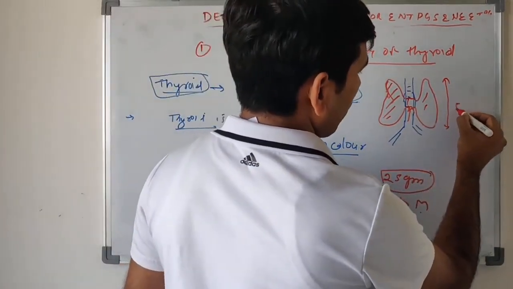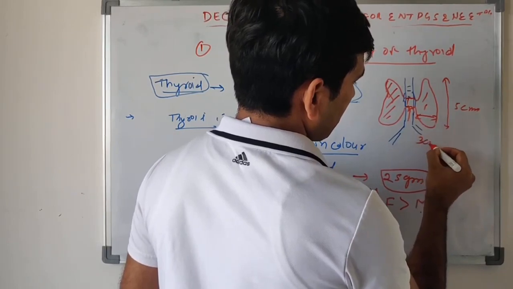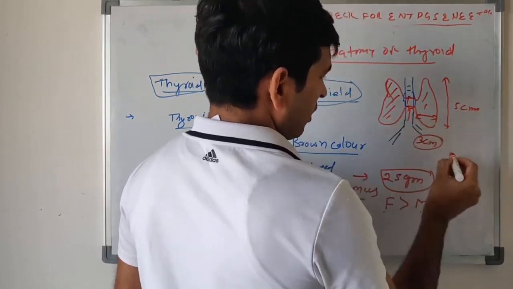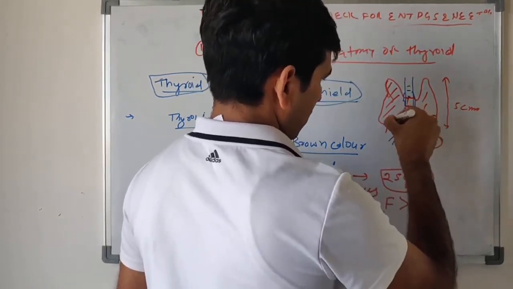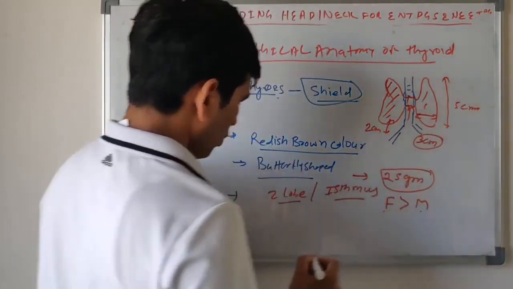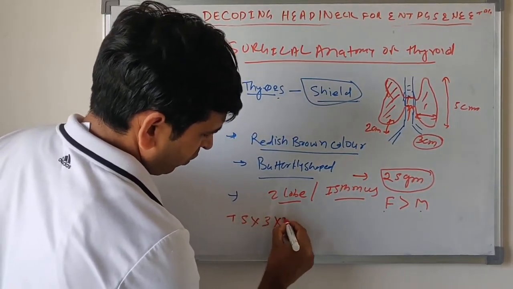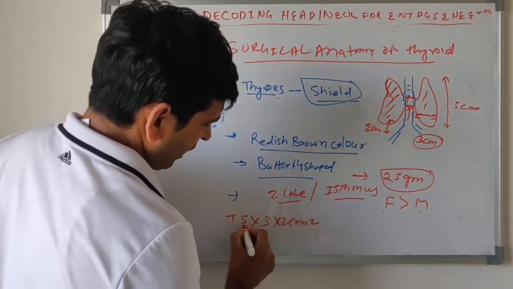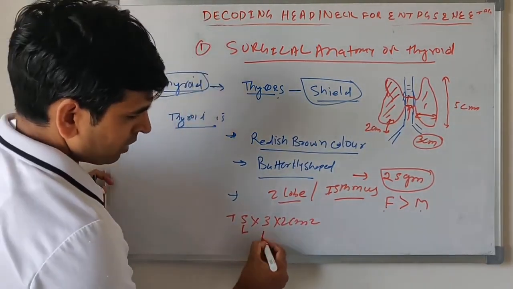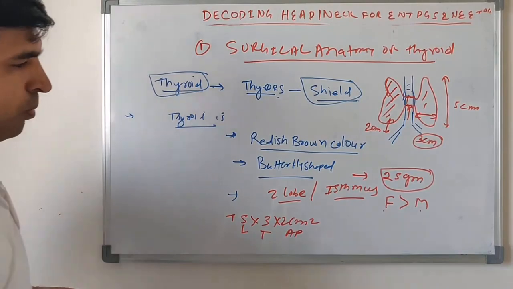Dimensions are 5 cm in length, 3 cm transversely, and 2 cm anteroposteriorly. So dimensions are 5 into 3 into 2 cm, the length, transverse diameter and AP of the individual lobe.